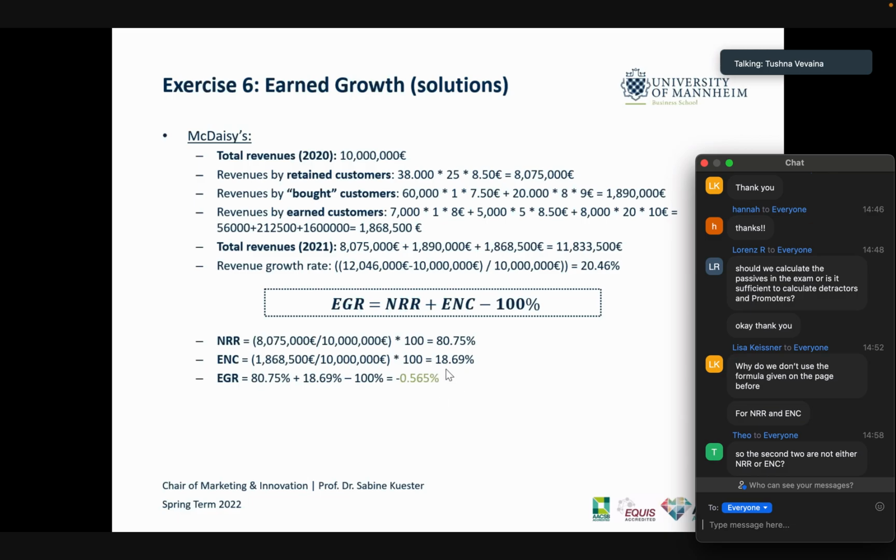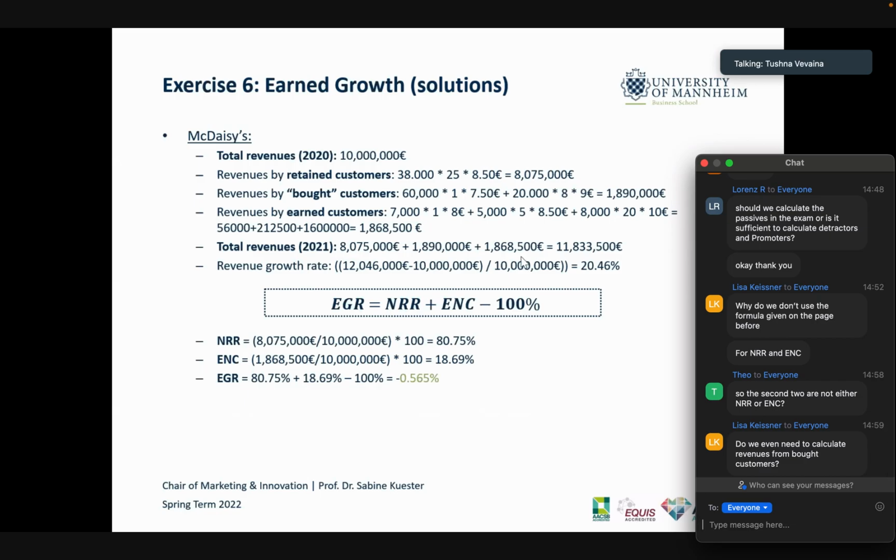And again, you're getting a relatively lower number because your revenue from an earned customer is lower than what it is from your bought customer. So you're seeing here that McDaisy is spending high amounts on buying customers, and this is unsustainable, as we saw. So that's the reason you may have a negative EGR, earned growth, whereas you have an overall positive revenue growth. And we do the same for Burger Queen.